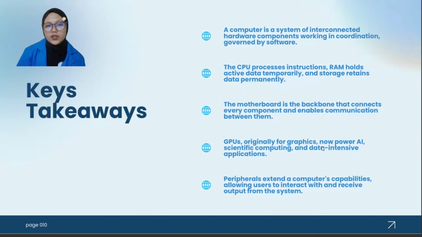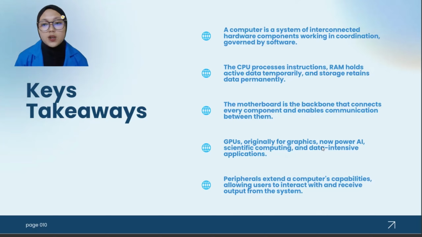Okay, key takeaways. Number 1, a computer is a system of interconnected hardware components working in coordination, governed by software. Number 2, the CPU processes instructions, RAM holds active data temporarily, and storage retains data permanently. Number 3 is the motherboard.